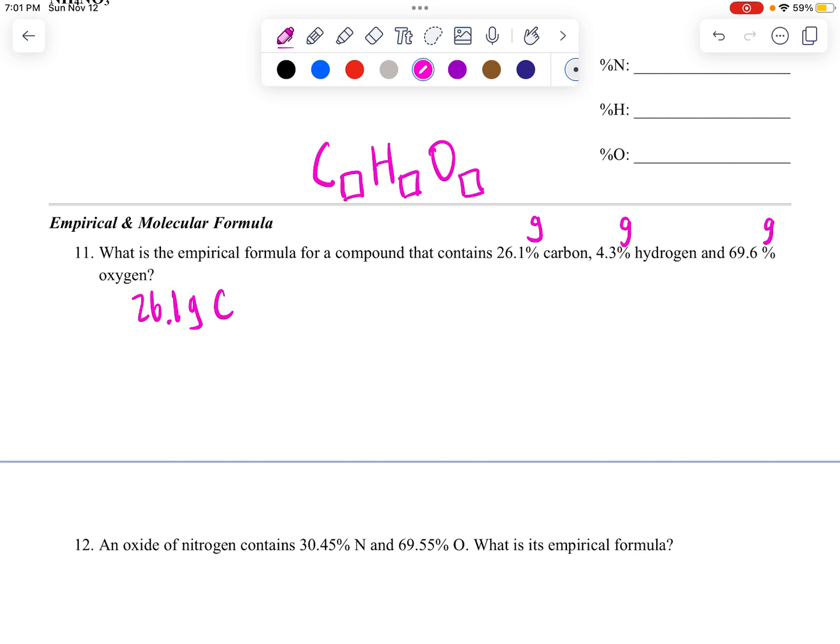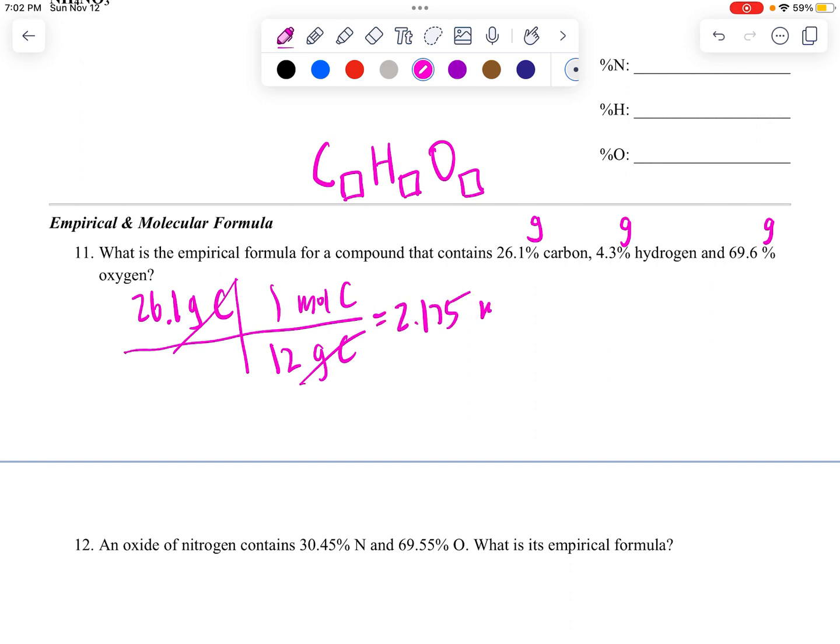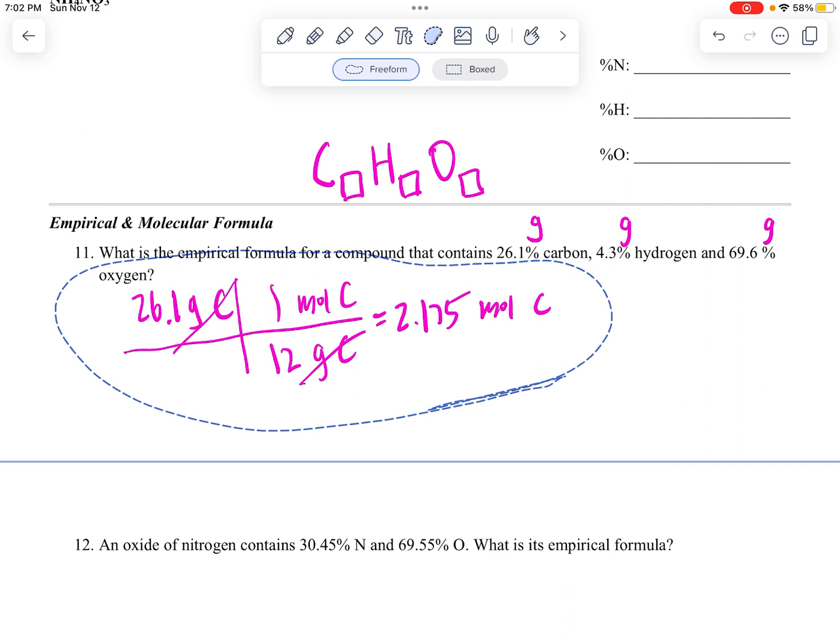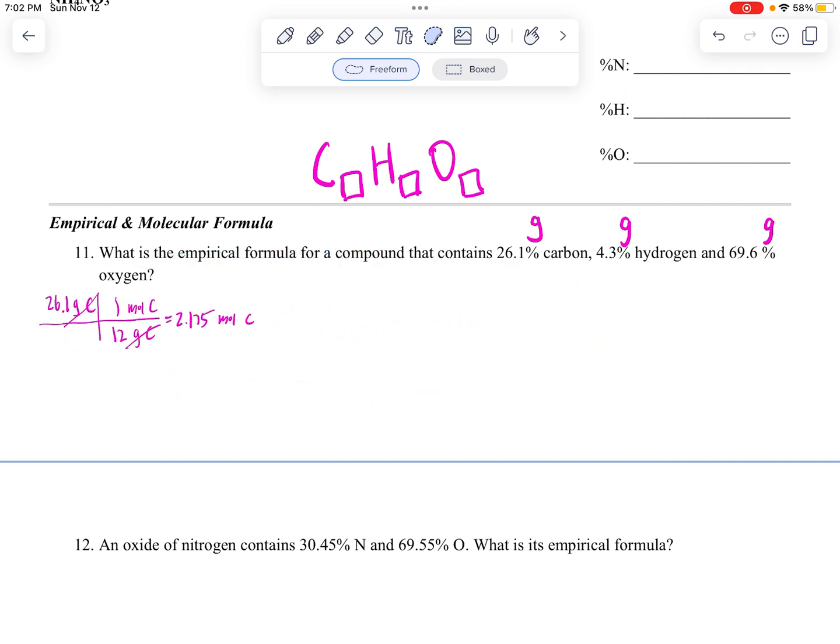If you look on the periodic table, 12 grams of carbon is 1 mole of carbon, so the grams of carbon go away. Doing a quick math here, divide that by 12. I got 2.175 moles of carbon. That's good. I'm just going to shrink that a little bit and put it aside because I'm going to need it later.